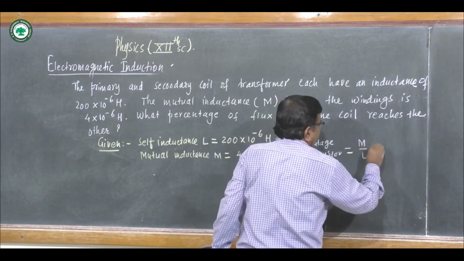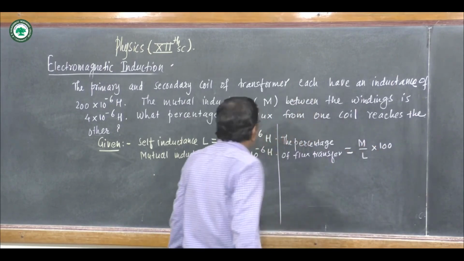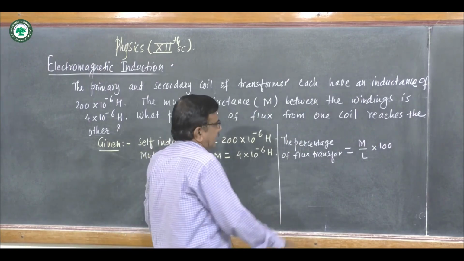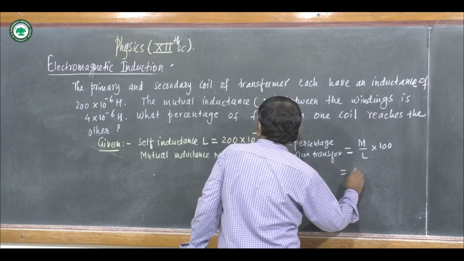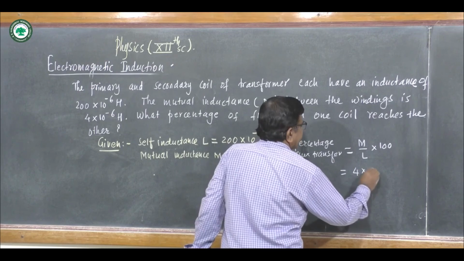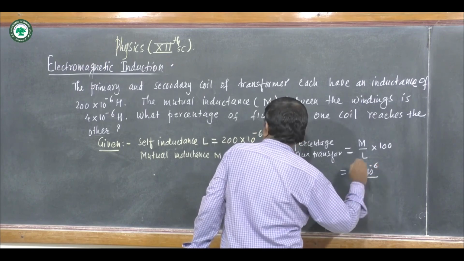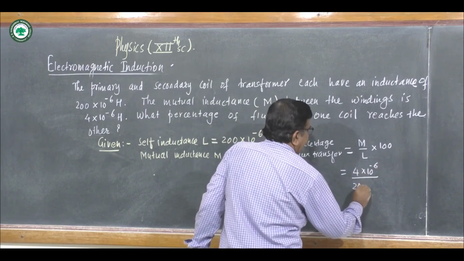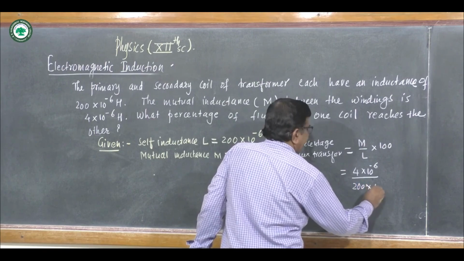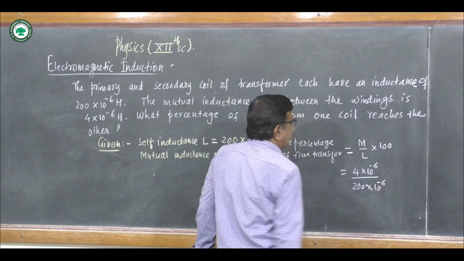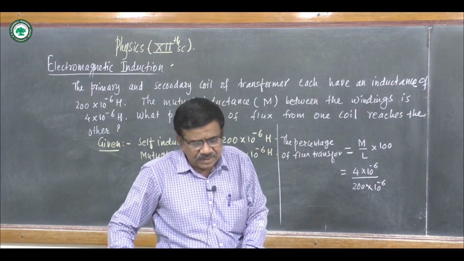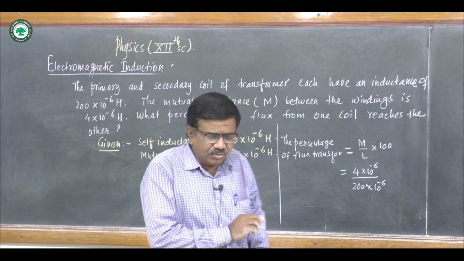Simple formula. Here M is 4 into 10 raised to minus 6, L is 200 into 10 raised to minus 6, so 4 into 10 raised to minus 6 divided by 200 into 10 raised to minus 6, into 100.